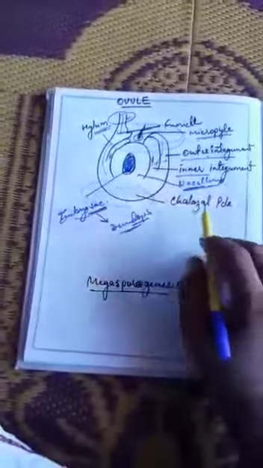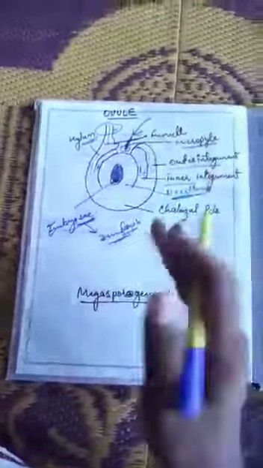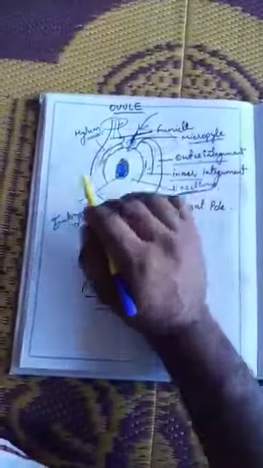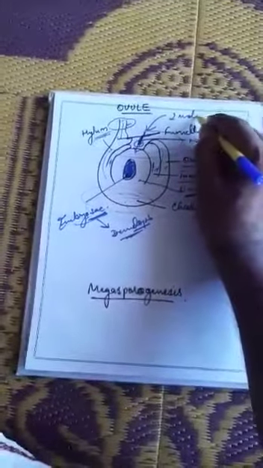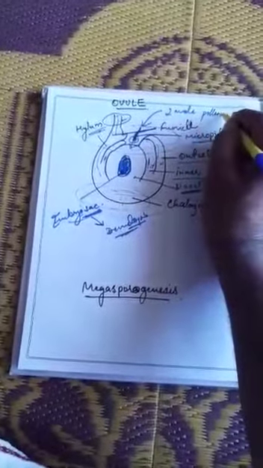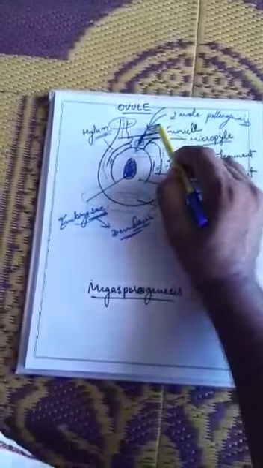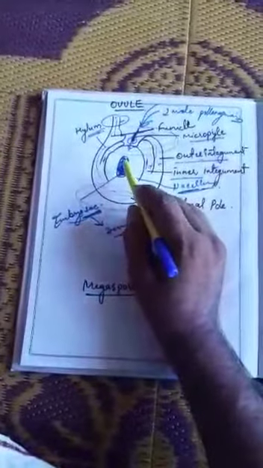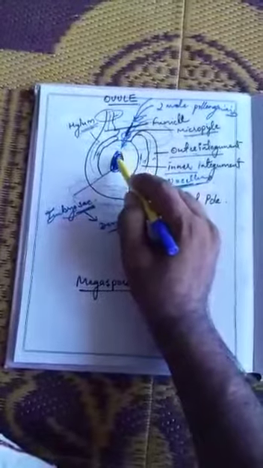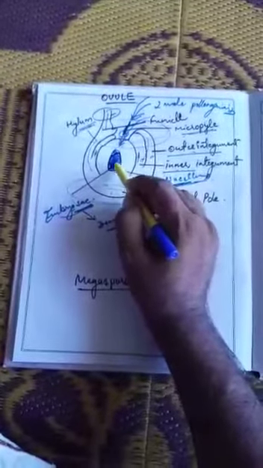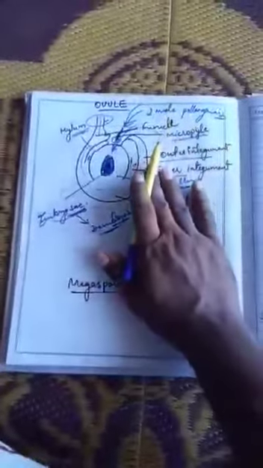And through this micropylar pole, the pollen tube enters inside the ovule, carrying two male gametes of the pollen grain. So from here the male gamete comes, and here the female gamete is produced, and through the micropylar pole the male gamete enters and fuses with the female gamete, and after fusion the zygote is formed inside. So this is all about the structure of the ovule.